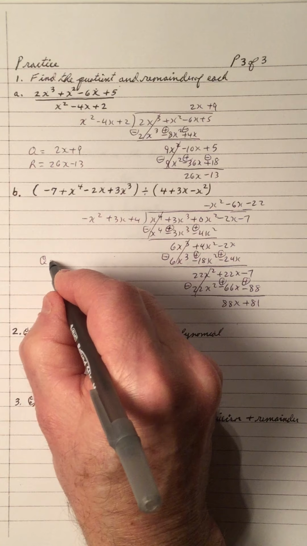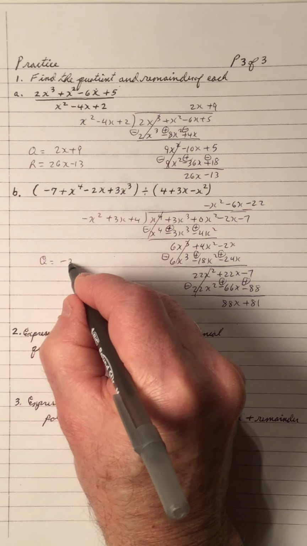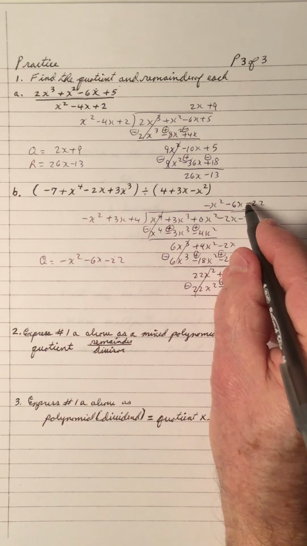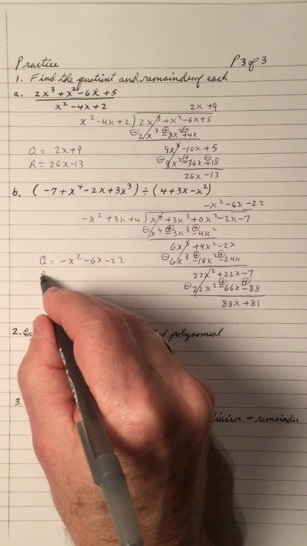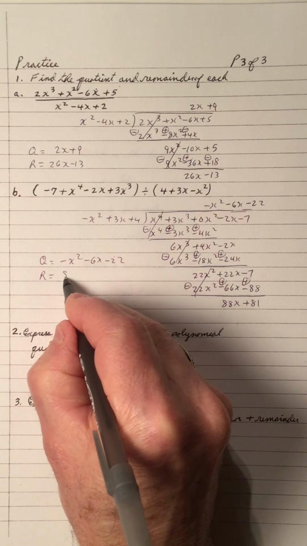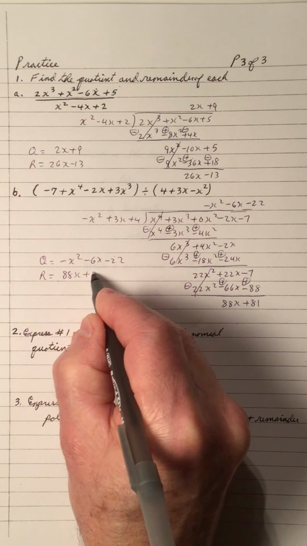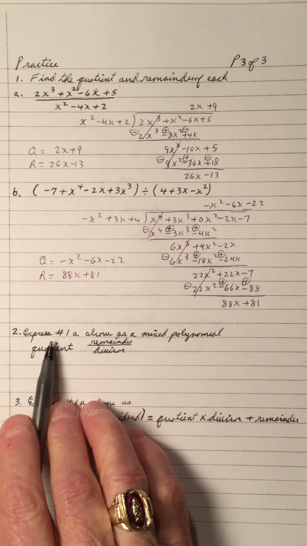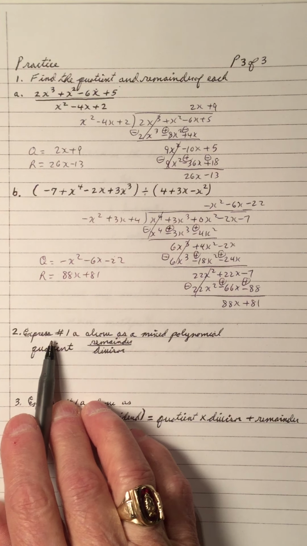And my quotient is negative x squared minus 6x minus 22, which is there. Remainder is right there. Is 88x plus 81. And this question here is pertaining to number 1a only.